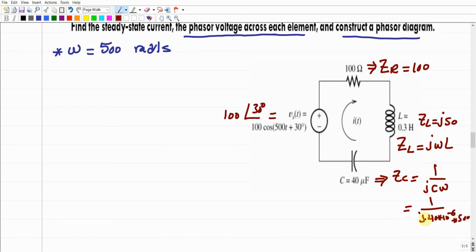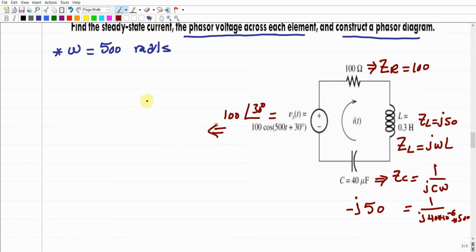We can move this j to the top as negative j. So it means that 1 over j is equivalent to negative j. And 1 over 40 times 10 to the power negative 6 times 500 will give us 50 as well. So ZC is negative j50, and ZL is j50, as already given here for this electrical circuit.